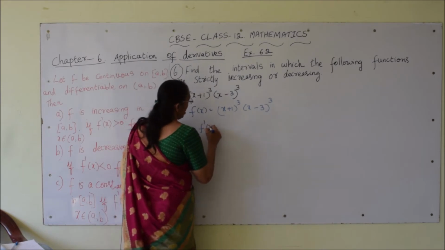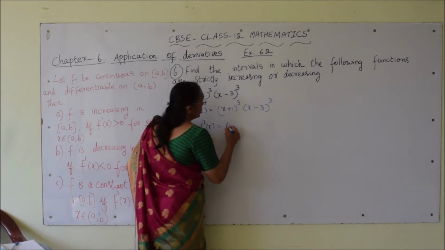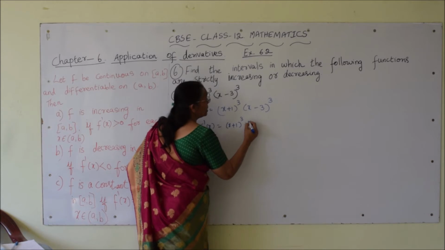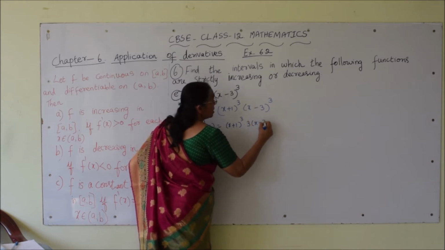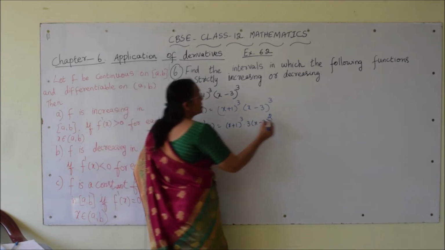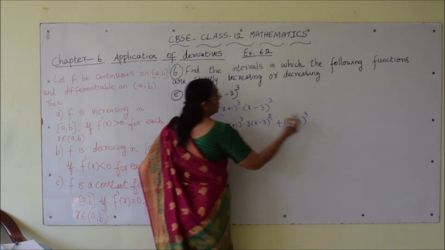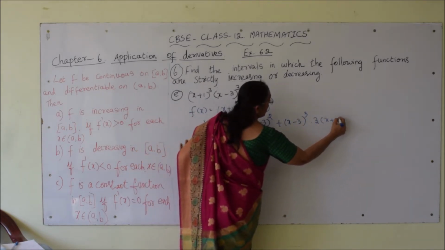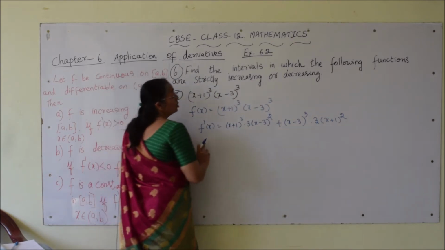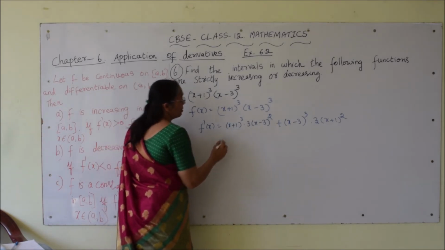So f dash of x is equal to, now let us apply the product rule to find the differentiation, which is (x plus 1) whole cube into the differentiation of (x minus 3) whole cube, which is 3 times (x minus 3) whole power 2 into the differentiation of x minus 3, which is 1, plus (x minus 3) whole power 3 into the differentiation of (x plus 1) whole cube, which is 3 times (x plus 1) whole square into the differentiation of x plus 1, which is again 1.